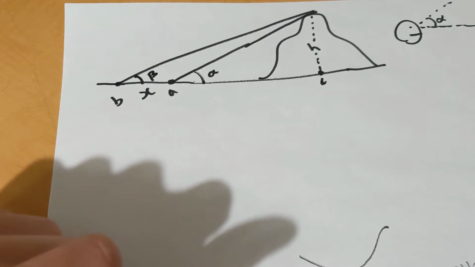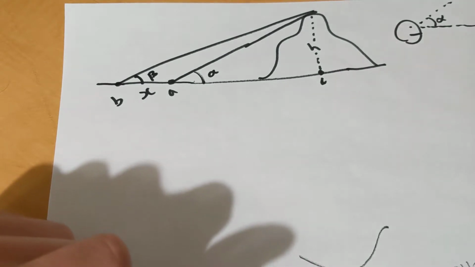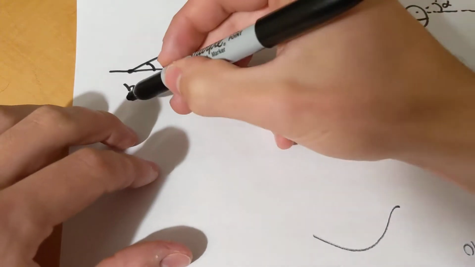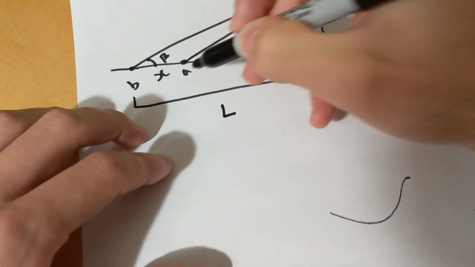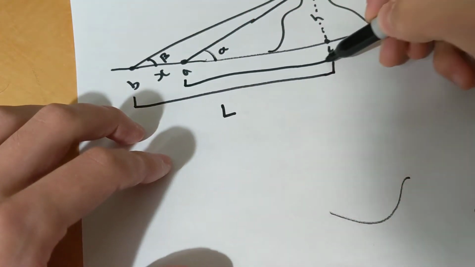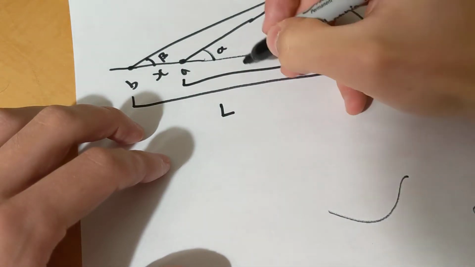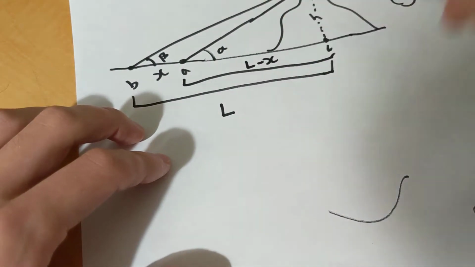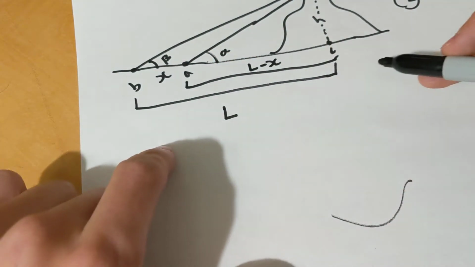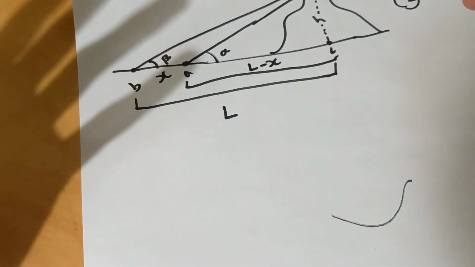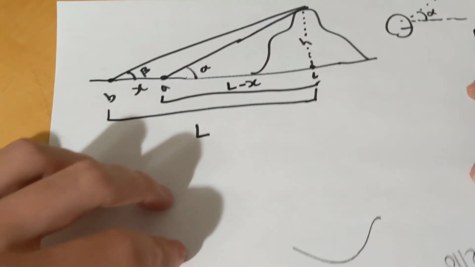We'll call it angle beta. This distance from B to C we'll denote with L. Therefore, this distance from A to C is L minus X, because this is that smaller distance here. Do you see that? So that's L, and that's L minus X.